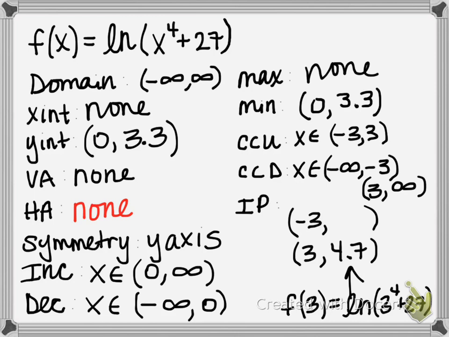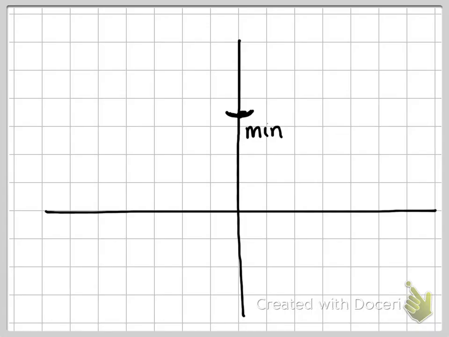And remember, the y value would be the same when we put in -3 because we have y-axis symmetry. So the inflection points are at -3, 4.7, and +3, 4.7, which now lets us graph those points on our graph. So +3 and -3, 4.7, and I like to mark them as little IPs.